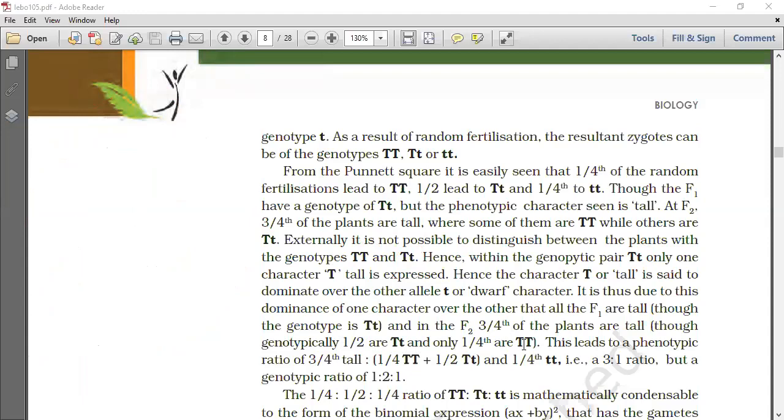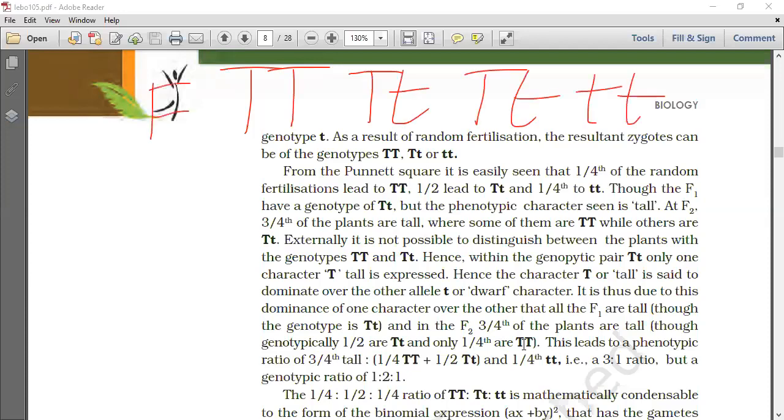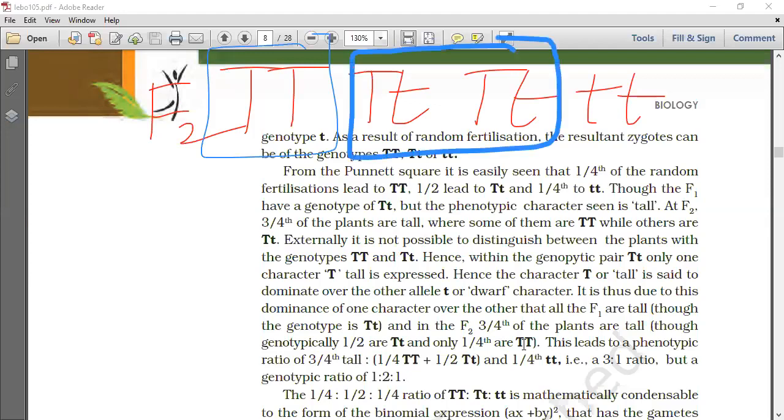Just while reading, if you keep this in mind, you can easily understand the F2 offsprings which come out of the box. These are 1/4, 25%, homozygous tall, and 2/4, that means 50%, heterozygous tall, or 1/2 we can say.